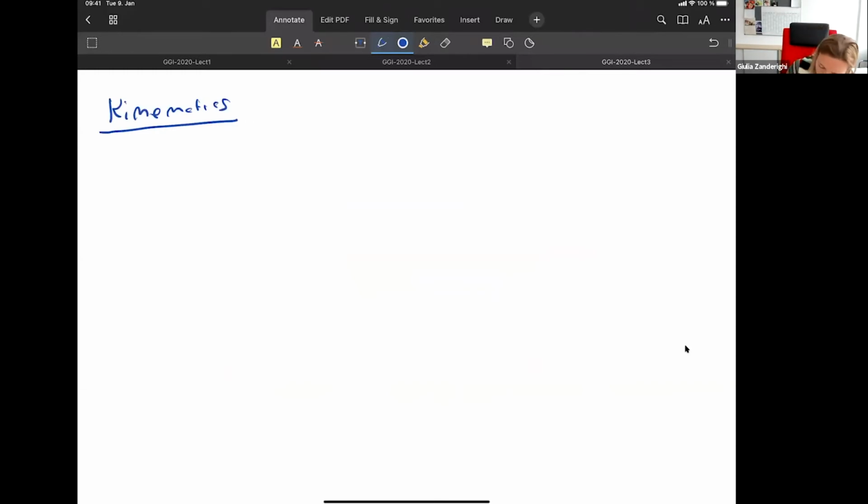Maybe let me draw the scattering again here and introduce some notation. So this is my hard probe. And this is the proton that comes in with momentum P. This has momentum x times P.